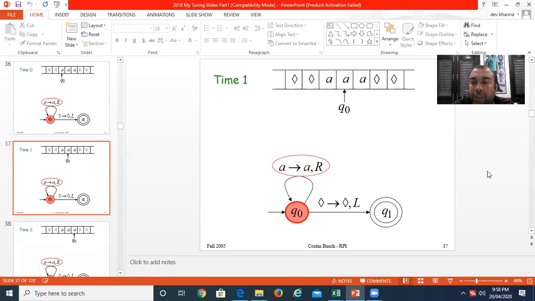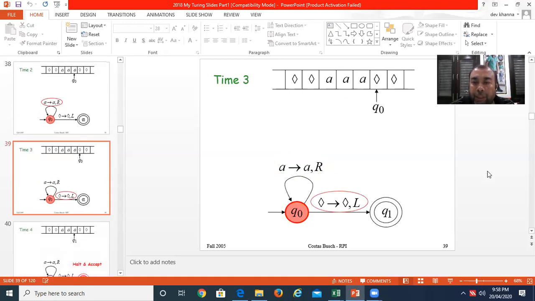Yes. Now you start reading the second A. What do you do with the second A? You remain in Q0, A remains A and you switch towards the right hand side. Yes. Then the third A, you remain in Q0, A remains A and you switch to the right hand side.